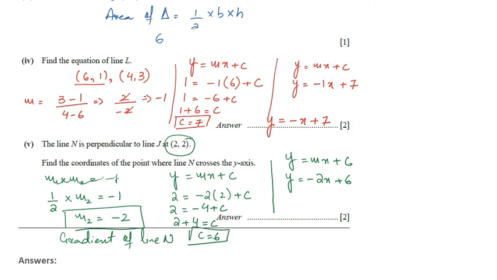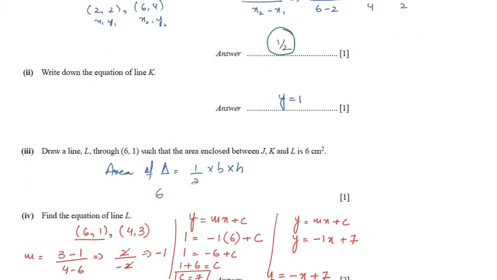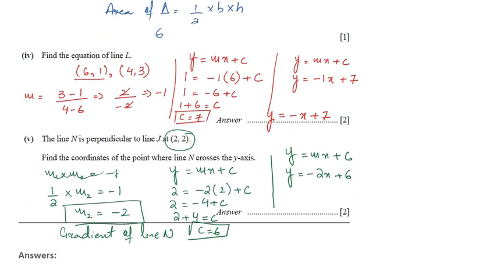Now as they are saying, find the coordinates of the point where the line N crosses the y-axis. Remember, whenever a line crosses the y-axis, its x coordinate is 0. So if we substitute x = 0 in the equation of N, y = -2(0) + 6.